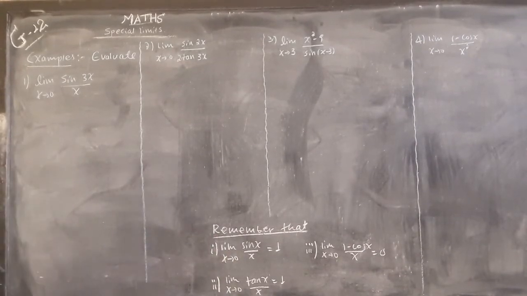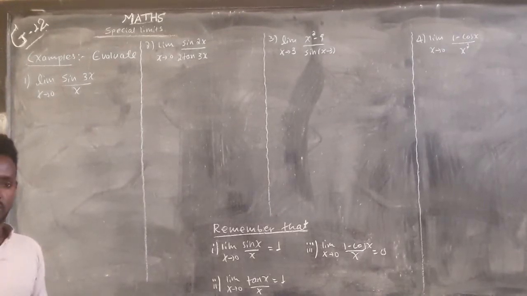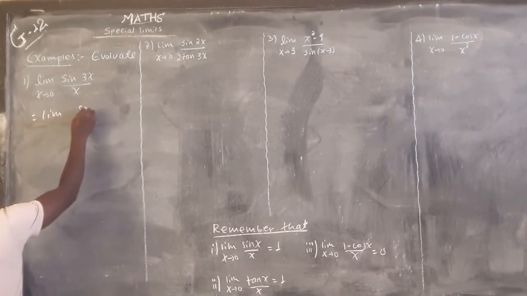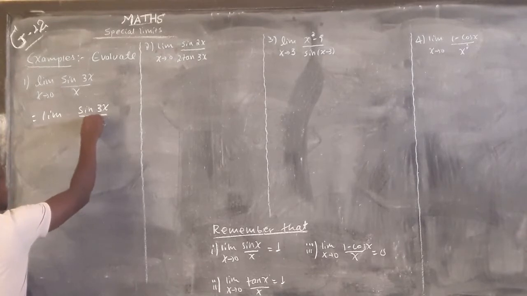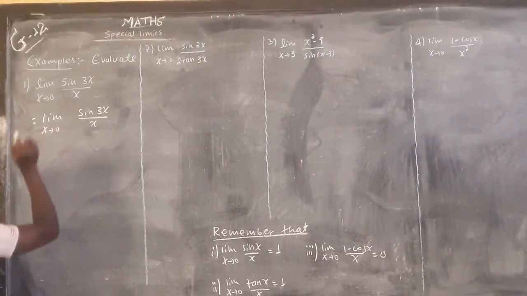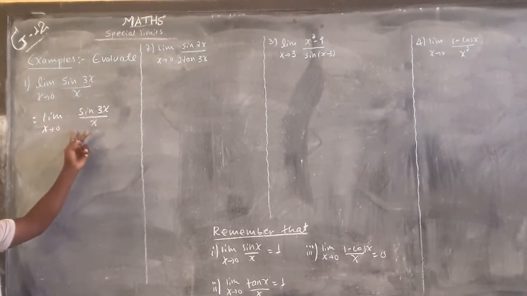Here we have limit of sine 3x over x as x approaches 0. Recall that limit of sine x over x as x approaches 0 is 1.